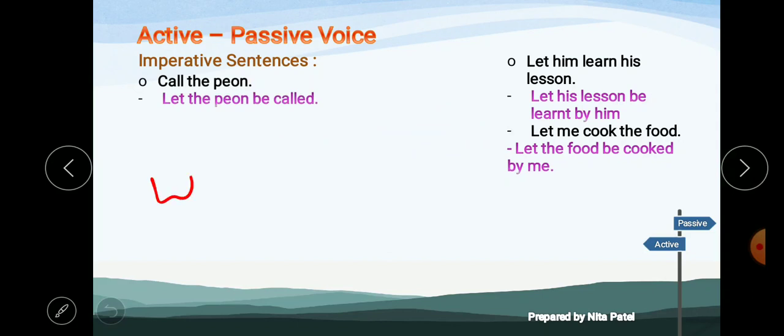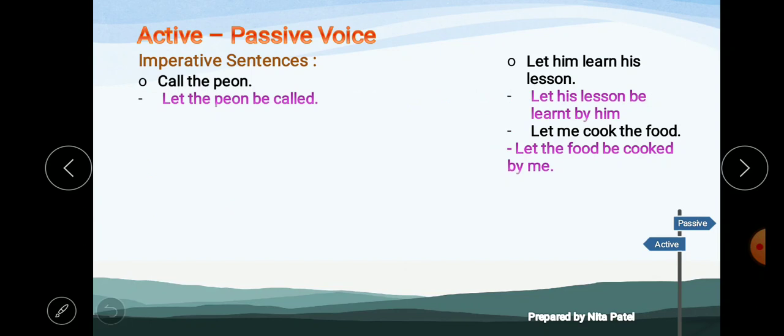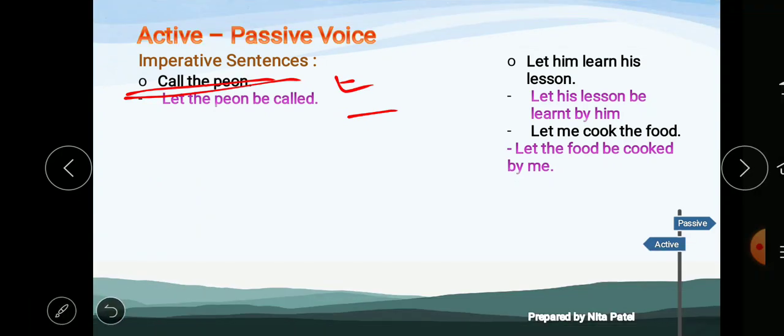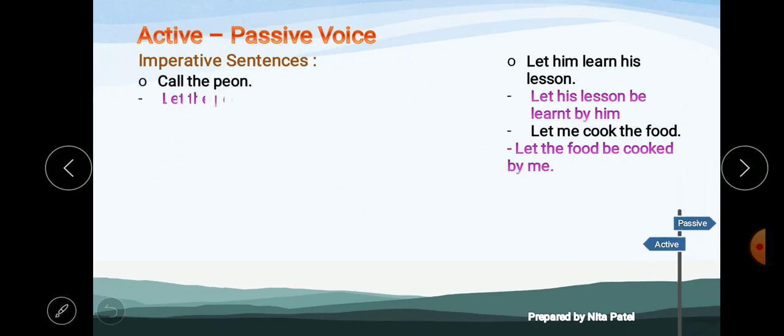If we are talking about the fourth structure, then subject by you. Now generally not anyone can go there, so if a particular subject is given, then we can write by the subject. If it is not given, then don't write it. Next, we'll have to put this object in the place of the subject. So the peon, then after that should be, right?